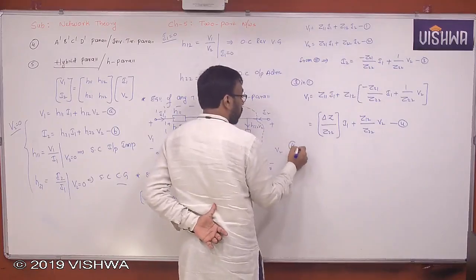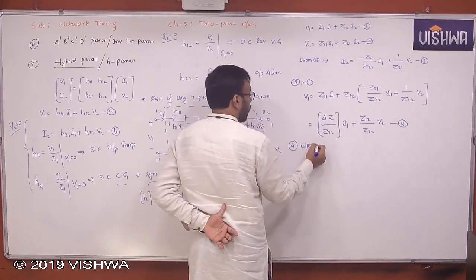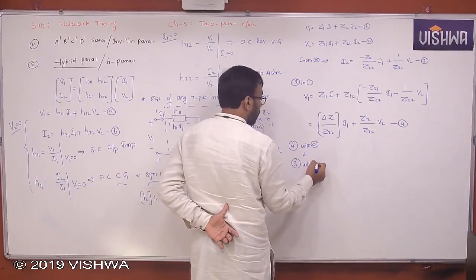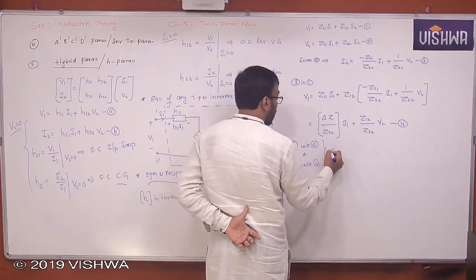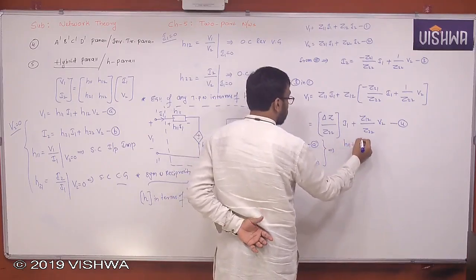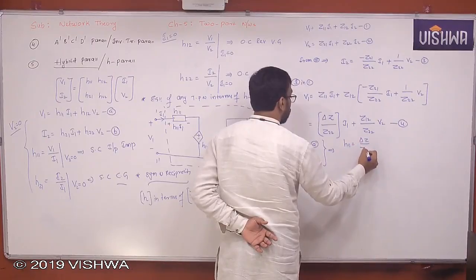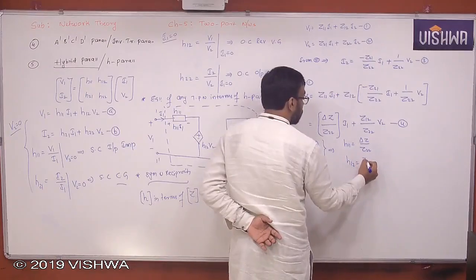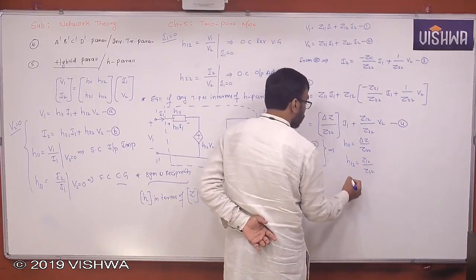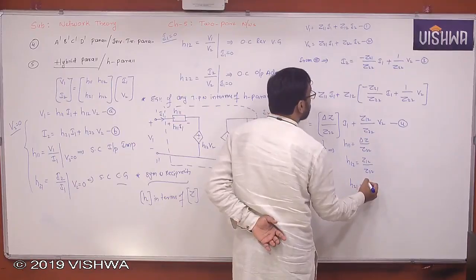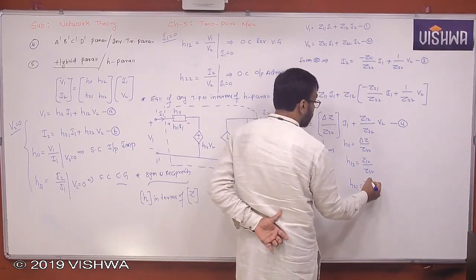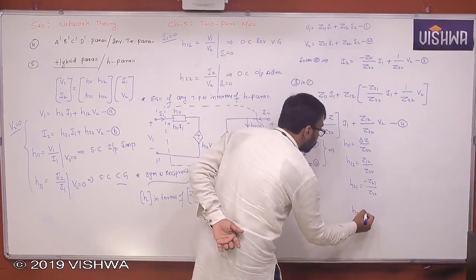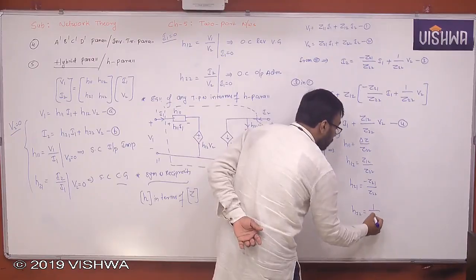Now comparing equation 4 with A and equation 3 with B, you will get H11 is equal to del Z by Z22. H12 is equal to Z12 by Z22. H21 is equal to minus Z21 by Z22. H22 is equal to 1 by Z22.